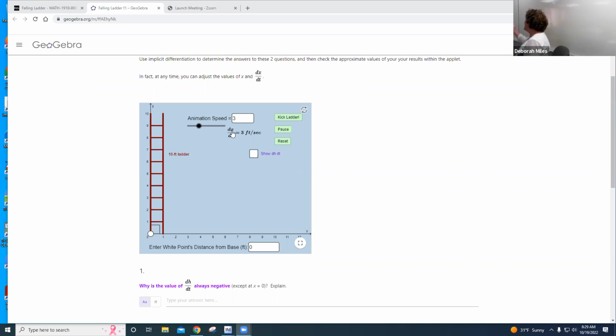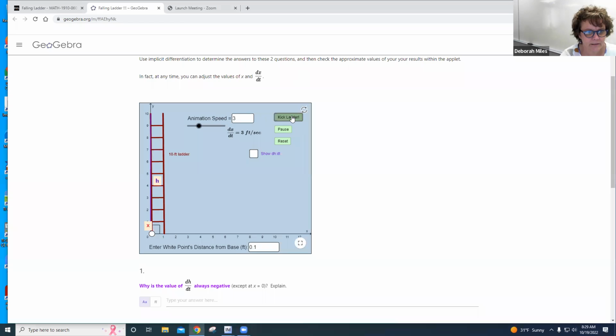Okay, all right, let's watch this animation. First time we watch it, I want you to pay attention to the speed at which the bottom of the ladder is moving along the ground. You tell me whether that speed looks constant or if it looks like it changes.